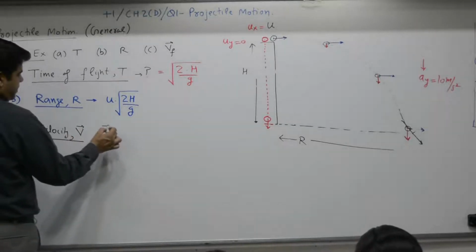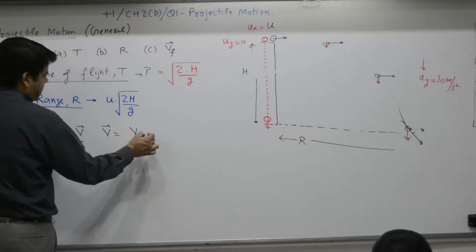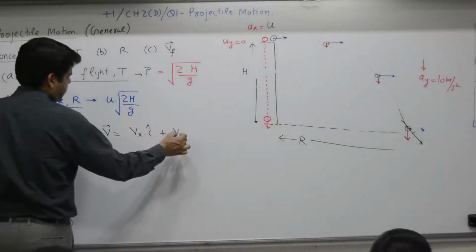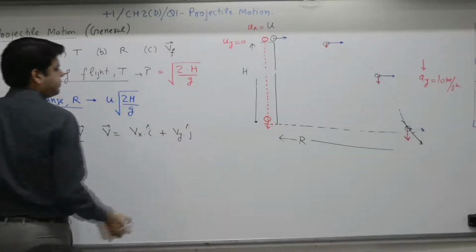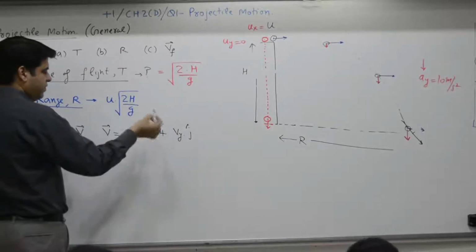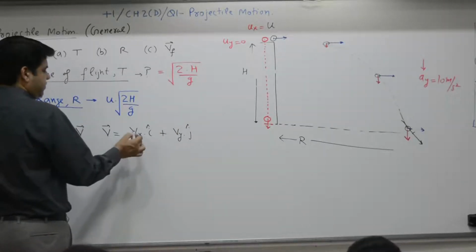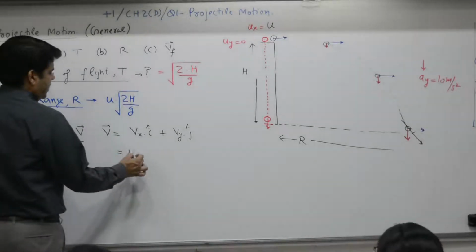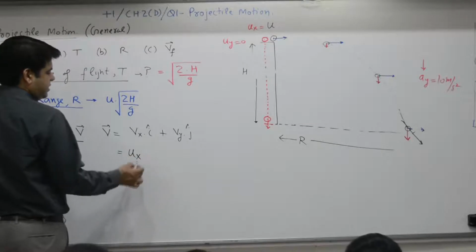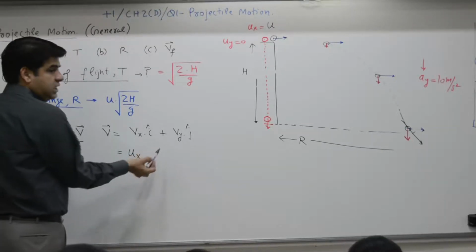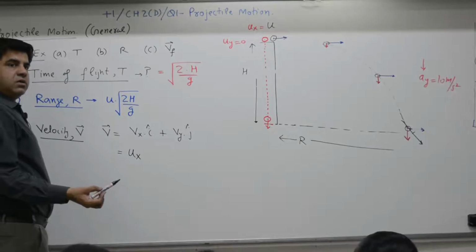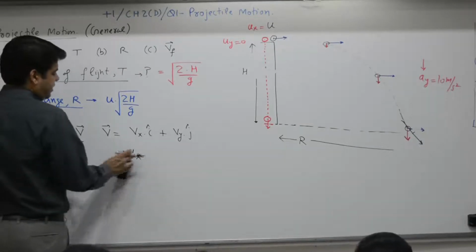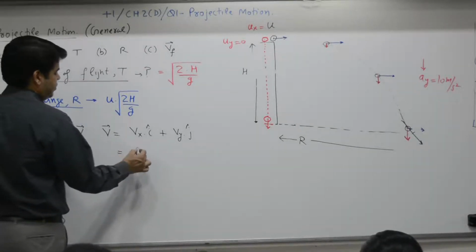Velocity v is equal to vx i plus vy j, or if you say vy is downward, we can write it with a minus also. vx is equal to what? Horizontal speed remains the same. You can write it like this: ux plus ax t. ax is 0. So horizontal speed remains the same: u i.